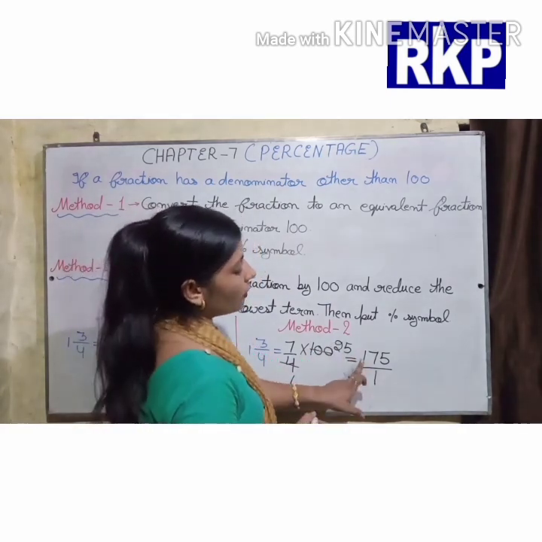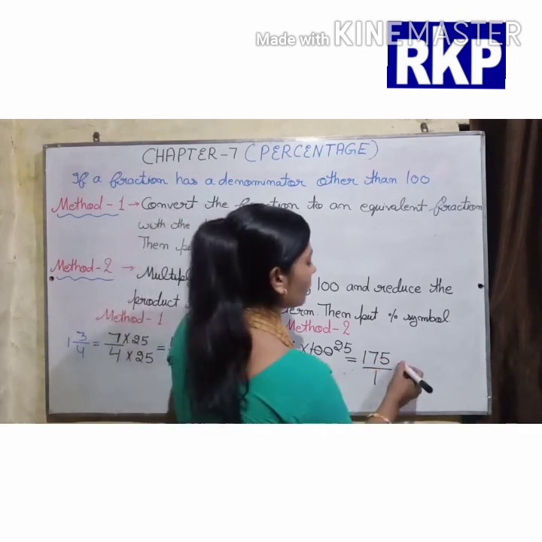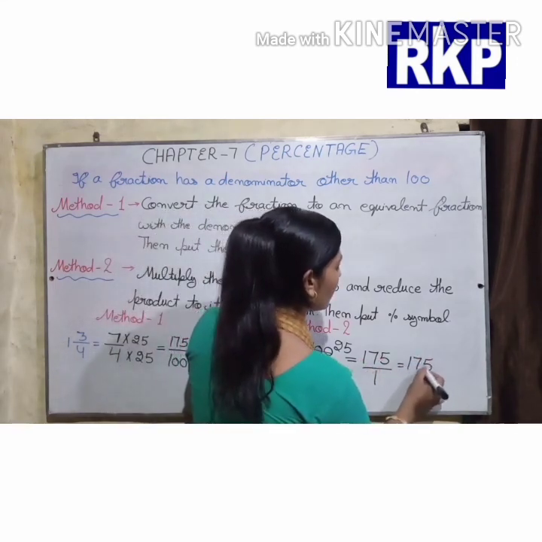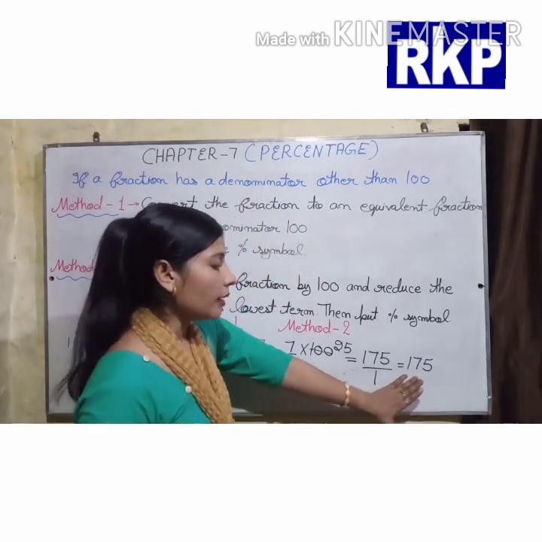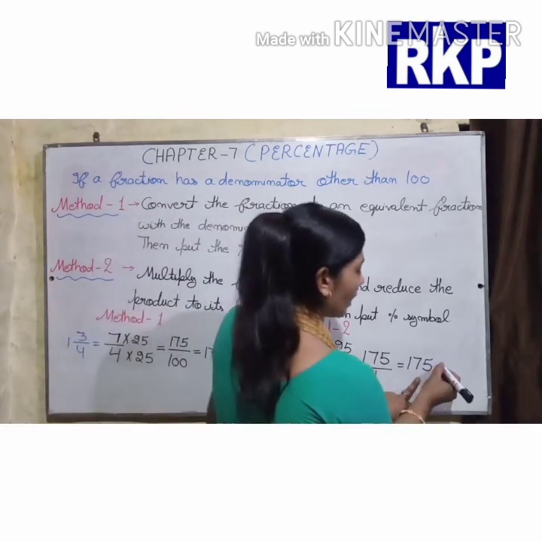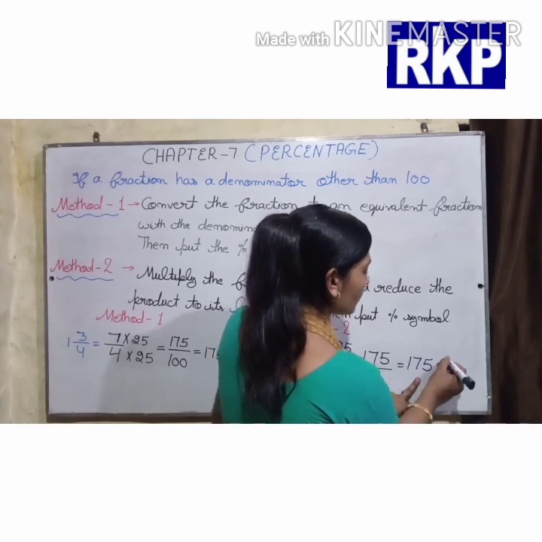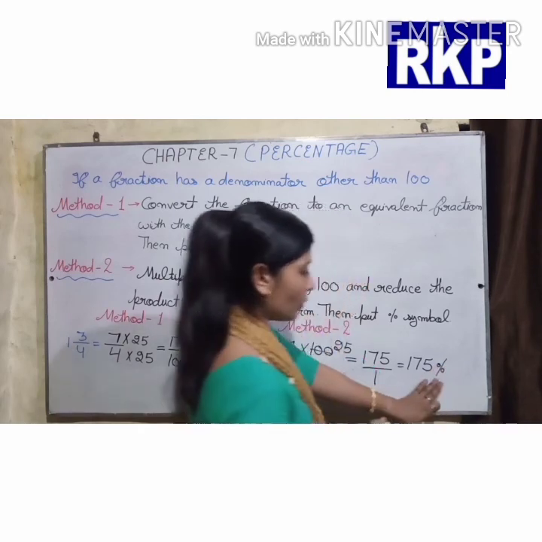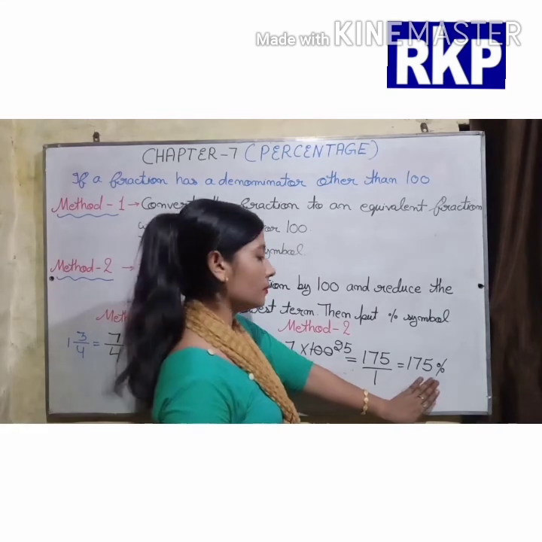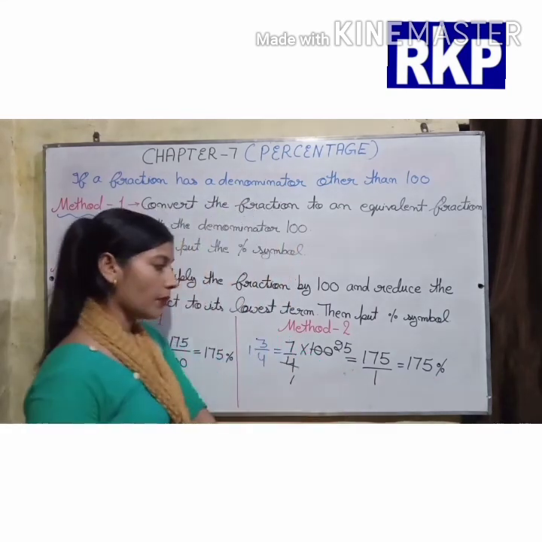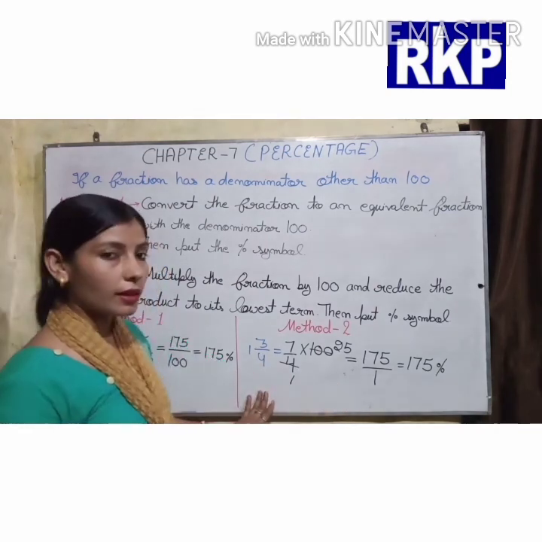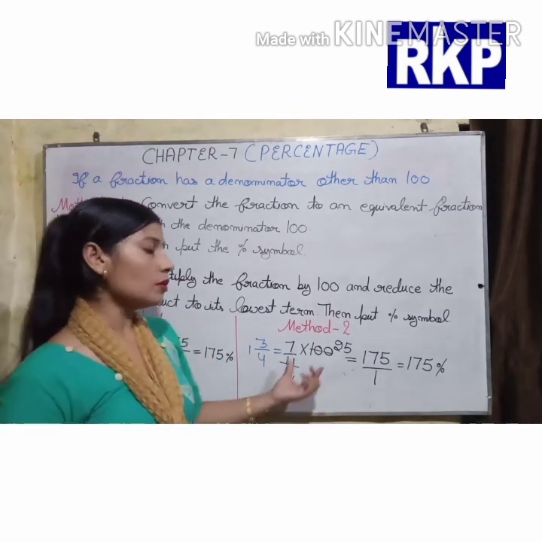So if we divide 175 by 1, we get the same number, 175. But beta, here now we have to put the percentage symbol also with this answer. So 175% is the answer. In this way we can convert a fraction into percentage.